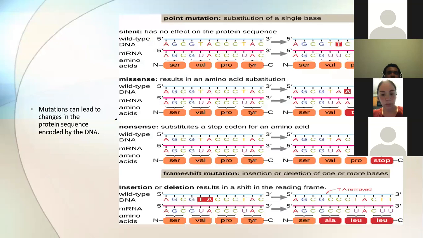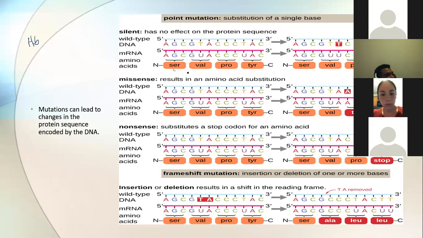Here I gave you an example: sickle cell anemia. Let's say this is the sequence: serine, valine, proline, tyrosine. If this is the sequence, it will make regular hemoglobin.